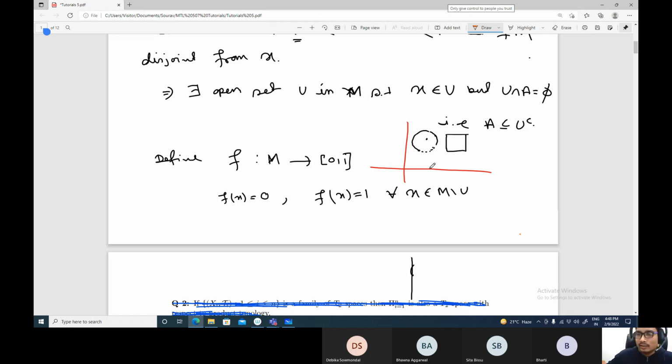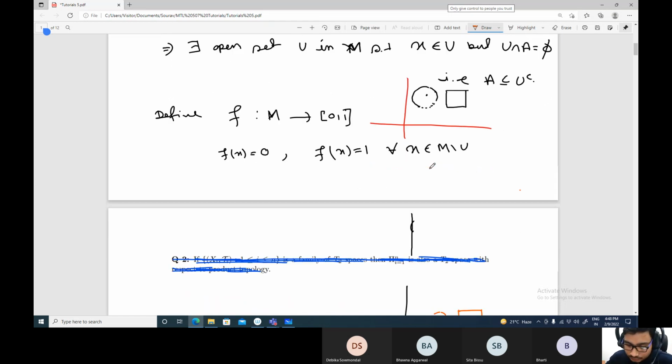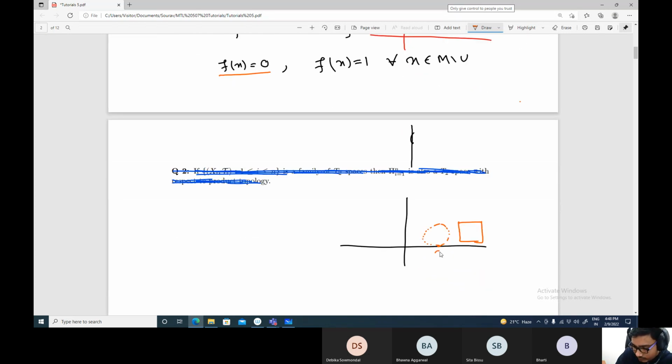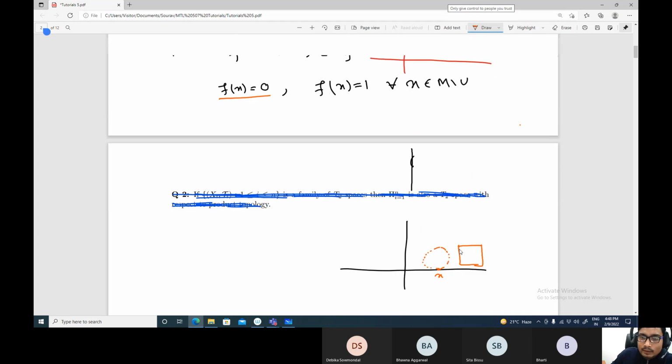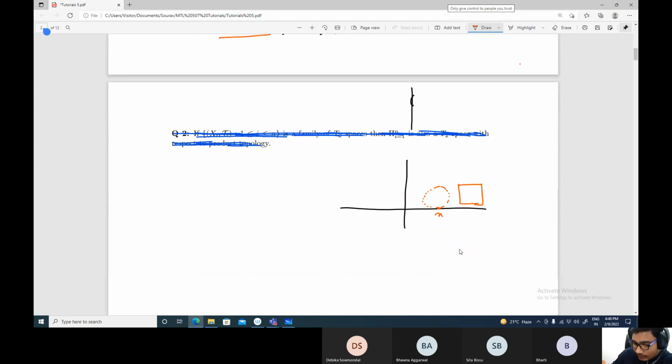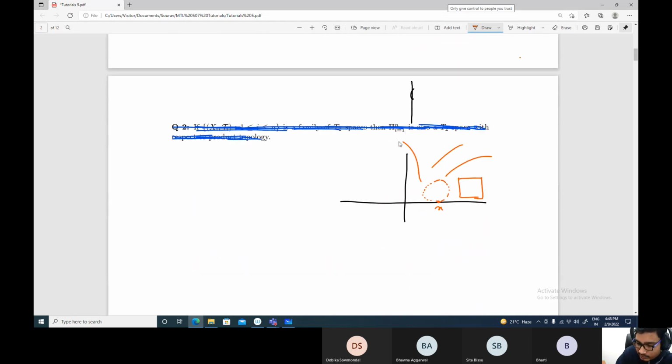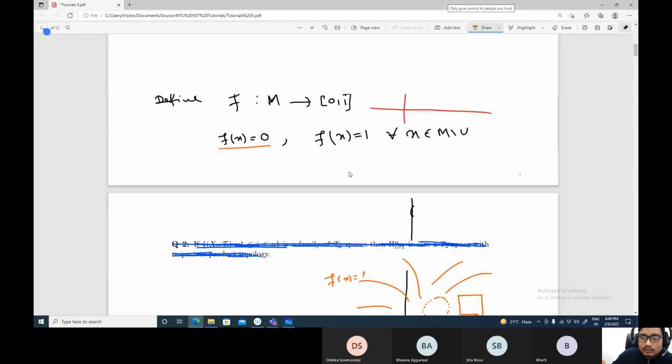Now we want to define a continuous function. We have defined f(x) equal to 0 at the point x. This is our x, and for this picture this is our x. f(x) is equal to 0, and outside in these spaces we have defined f(x) equal to 1, right?